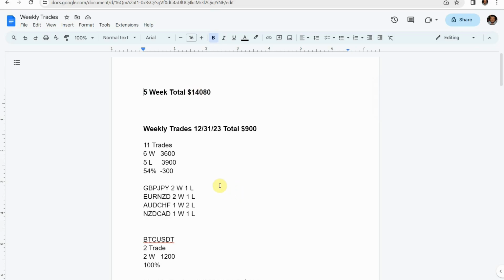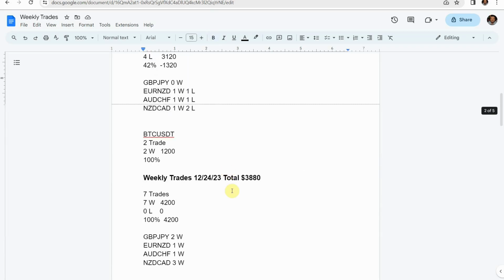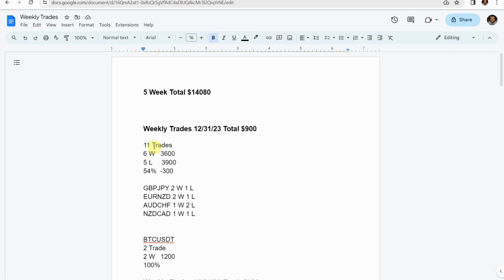The name of the game is to have better winning weeks than you have on the losing side. So keep your losing weeks very small, which we have, and keep your winning weeks as profitable as you can, which we do. That's the reality of trading. You're always going to have some good weeks and some bad weeks.